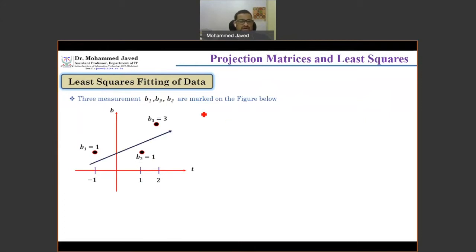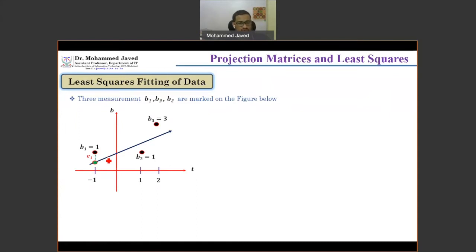So how will I do that? Suppose I fit one line here, but in practice, there are infinite lines which can be fit between these 3 points.